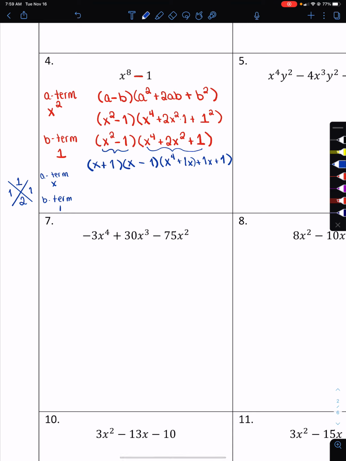Group together the first two, group together the last two. Remember, they are being added. So I still have this x plus 1, I still have this x minus 1. First group has an x, and I'm left with x to the 3rd plus 1, and I'm left with 1 times x plus 1.